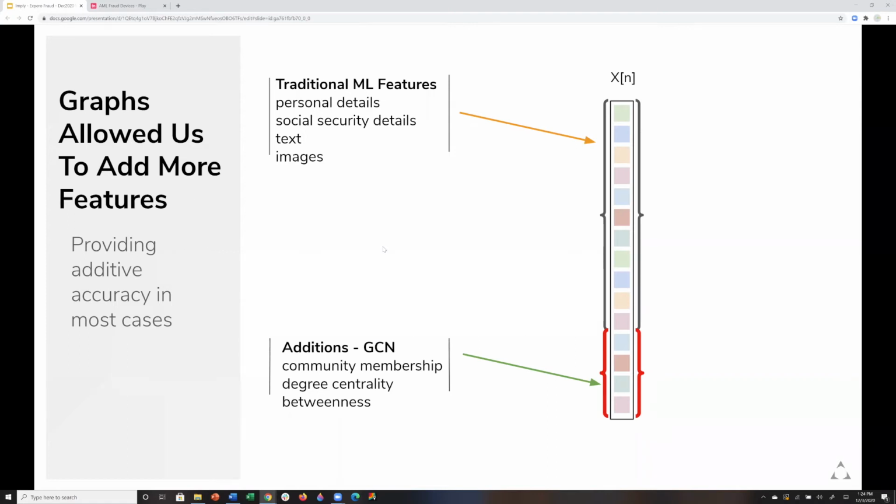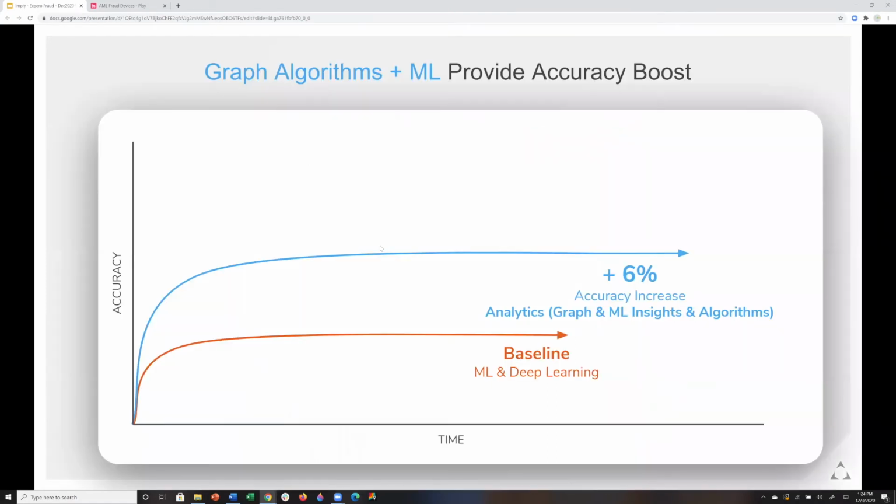Next slide shows basic baseline accuracy that improves over time. And basically what we're saying is these graph features tend to add somewhere between 3 to 6% accuracy on top of the baseline machine learning. Next slide.